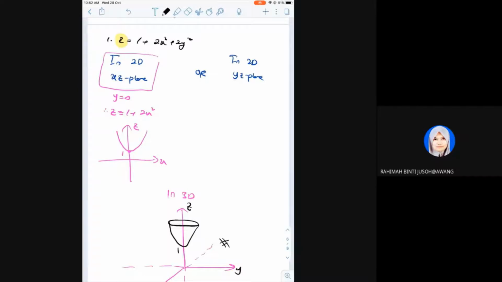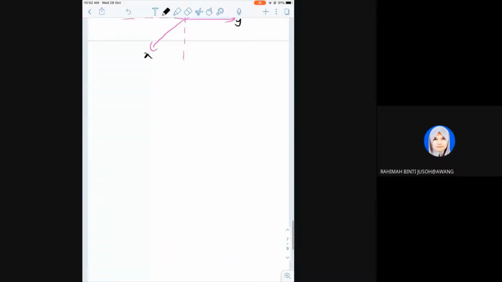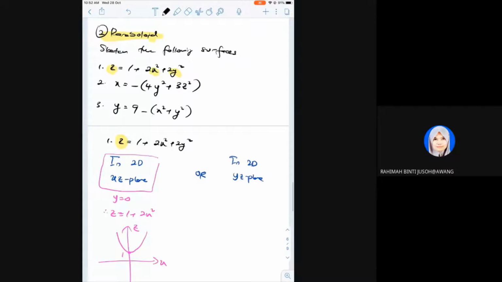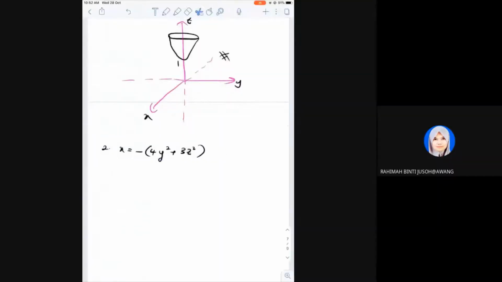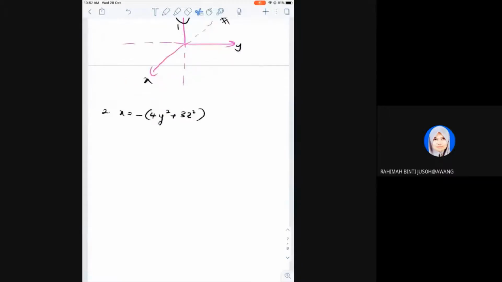Okay, so let's proceed to question number 2. Question number 2, we want to sketch the surface of x equals negative 4y squared plus 3z squared. Always bear in mind, guys, the coefficients here and here are just the size of the parabola.